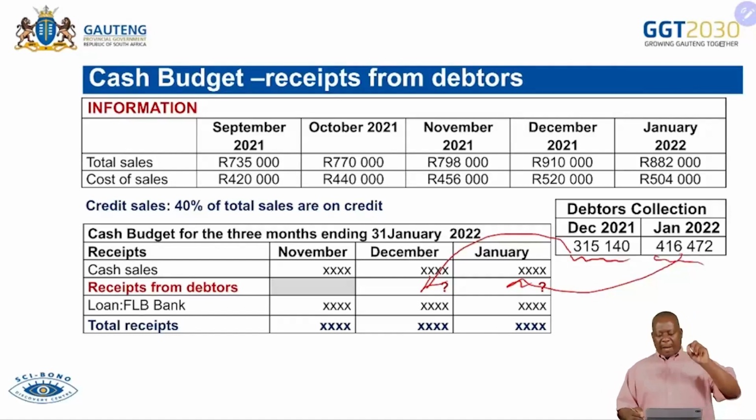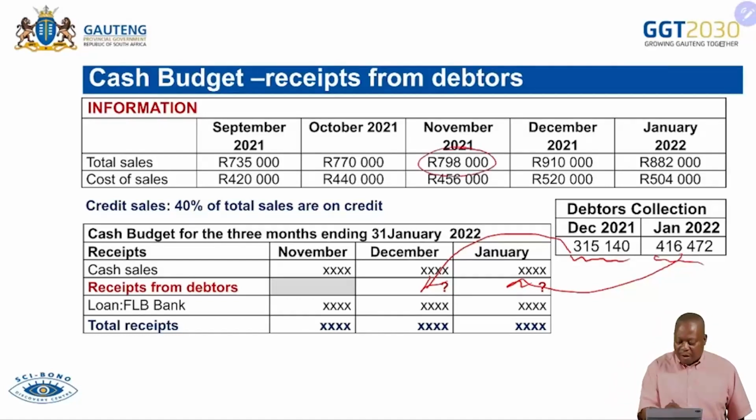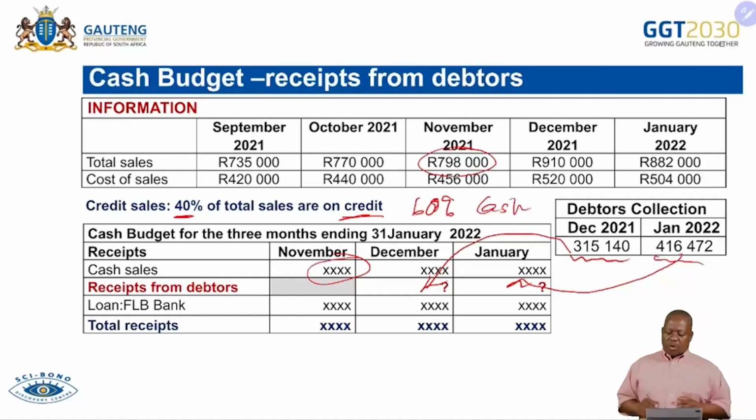But remember also, we are given the total sales for November. And here we need what? Cash sales. That's where we remember what they said. They said 40% of the sales are on credit. And we said 60% of the sales are cash. So we can easily fill in the cash sales amounts into the cash budget.